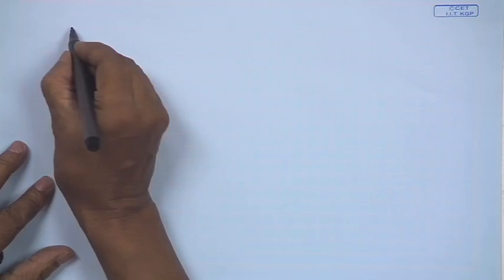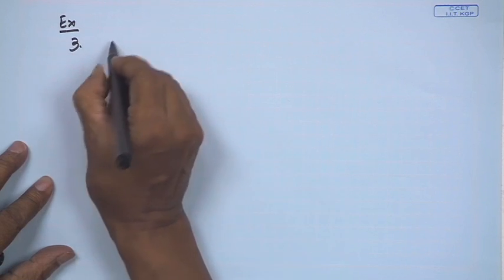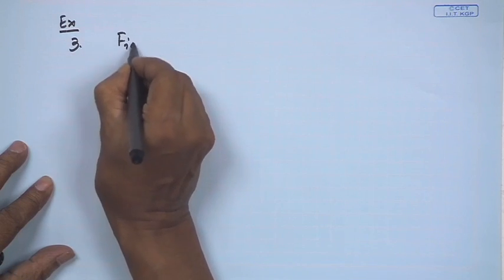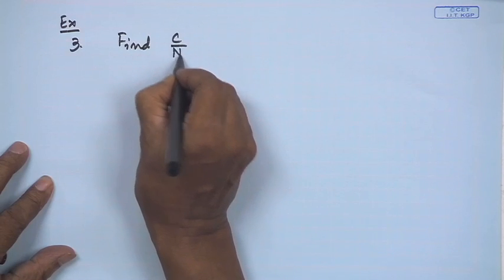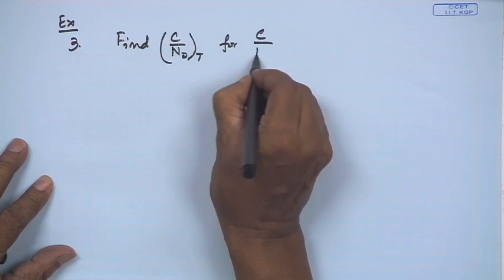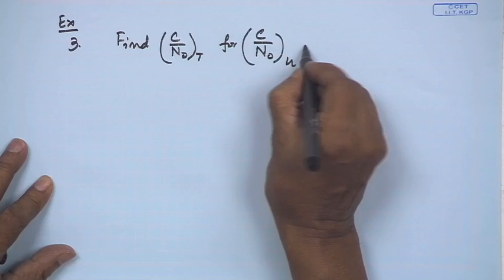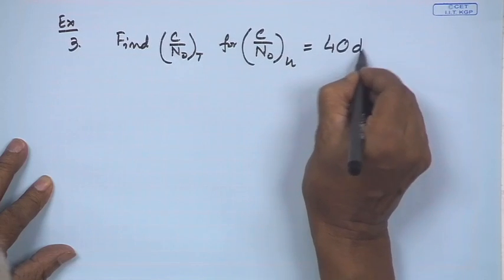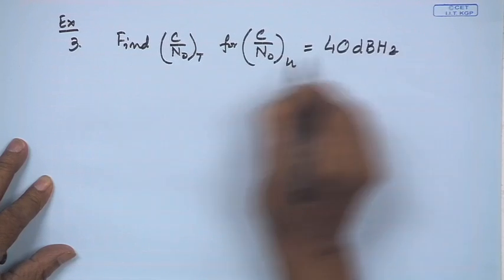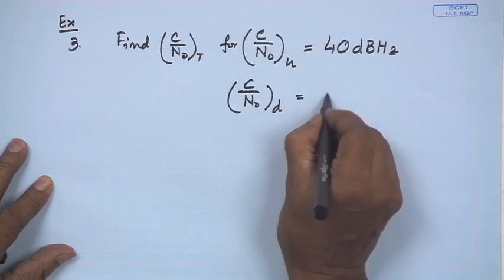Let us take another example which is more extreme. Example 3. Find C by N 0 total for C by N 0 uplink as 40 dB hertz and C by N 0 downlink as 10 dB hertz.